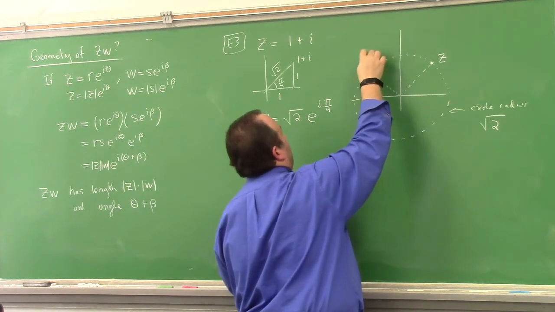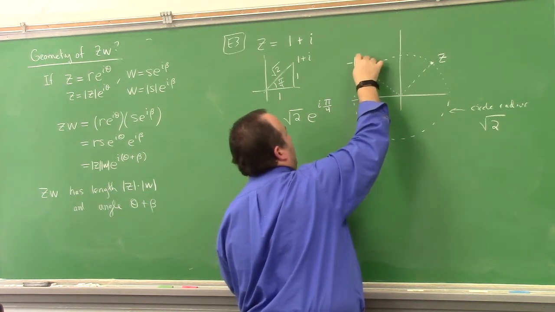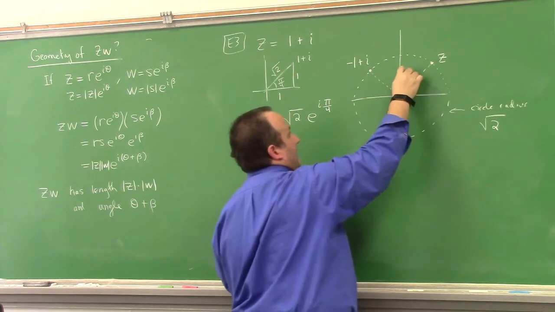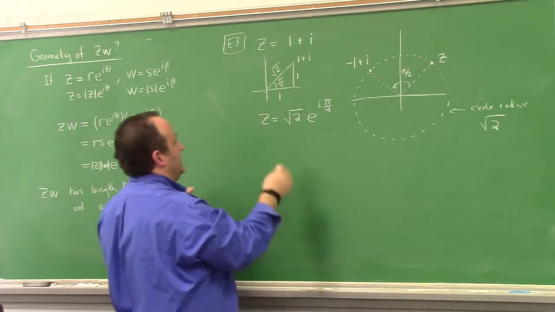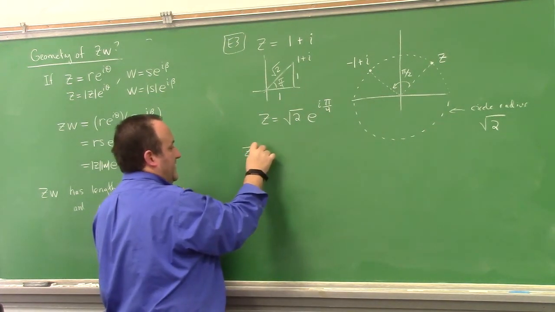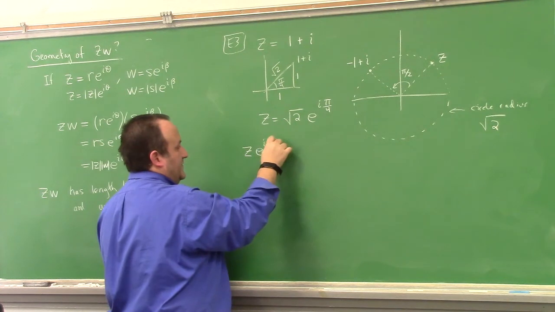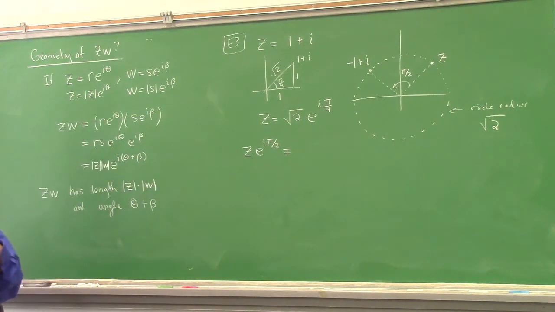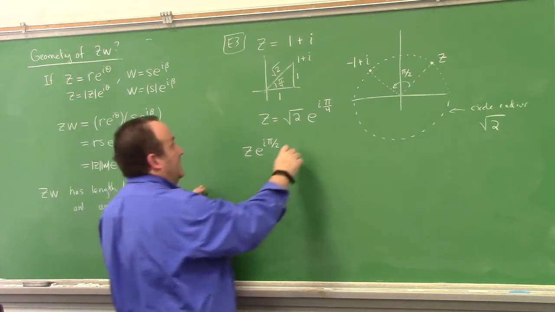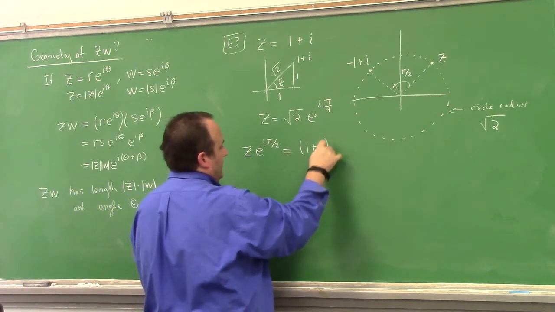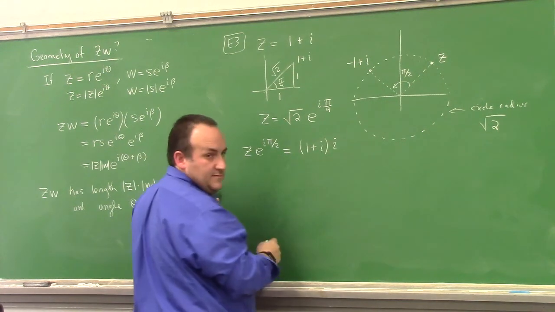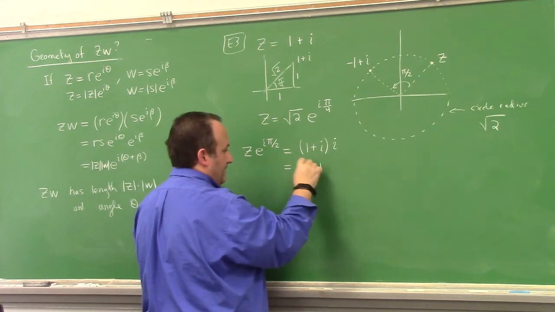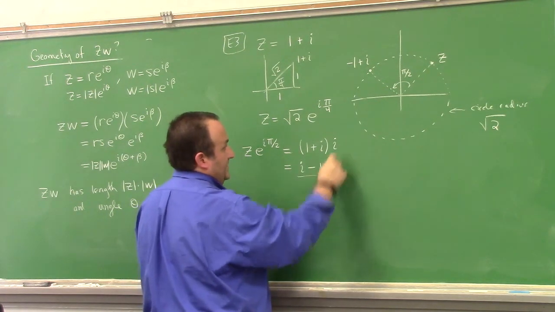So we should get minus 1 plus I if we rotate by pi over 2. So check out what happens. If I do z times e to the I pi over 2, remember, we worked out earlier today that e to the I pi over 2 is just I. So this is 1 plus I times I, which is I minus 1, as I predicted.